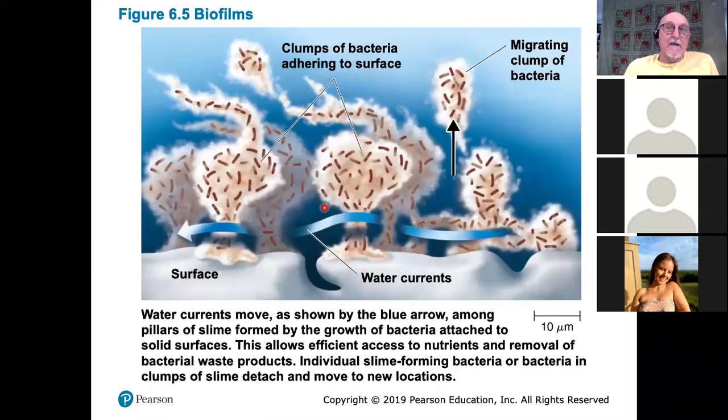So here's when we look at these communities, they especially form on surfaces. And those surfaces can be artificial surfaces, but they will form on surfaces such as our respiratory surface, our gut surface as well. But they don't just form a thick, impenetrable layer. Instead, they begin to form a structured community, which allows percolation of the medium, for example, through the community.